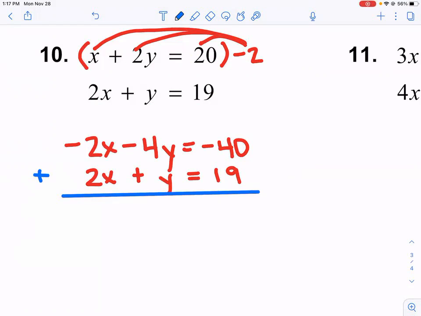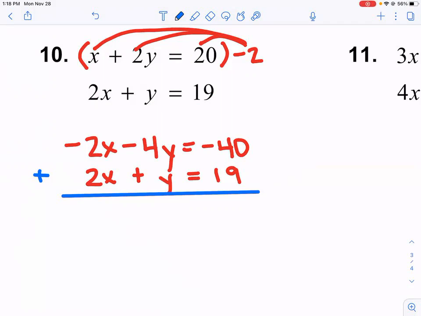Why didn't we do the second? Can you ask your question again? Why did we do the first one but not the second one? Because if I multiplied this first one by -2, then my x's were opposites. Why didn't we just keep the top one the same and make negative the bottom one?